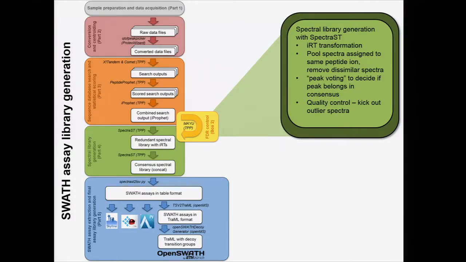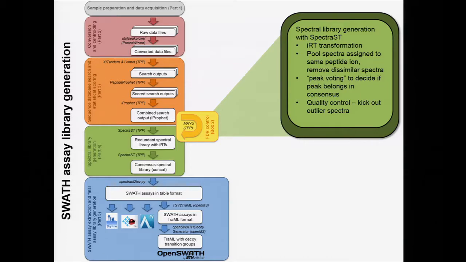Okay, so next step, we've done the acquisition, the sample prep, the peak picking, we've done a database search analysis, and now we need to take this database search result and somehow combine the spectra together. For a given peptide ion, it's very often the case that you have multiple redundant spectra, up to 10, 15, 20, or 100 spectra that all identify the same peptide, and we need some way to put these together.